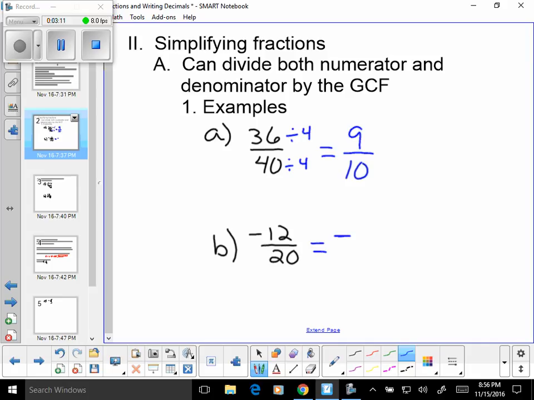So when I look at 12 and 20, I'm thinking that 12 is 4 times 3 and 20 is 4 times 5. So my GCF has to be 4. Or you can think about 2 times 2 times 3, and 20 is 2 times 2 times 5.